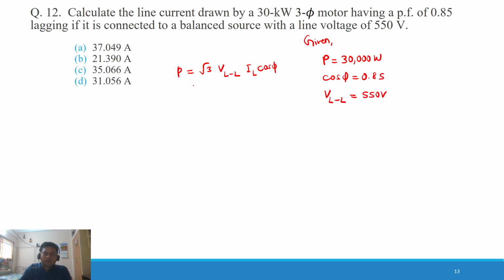So only one unknown is line current. So active power 30,000 equals root 3 times VLL 550 volt IL cos phi 0.85. Just putting all these, we will get the line current value as 37.049 ampere. So the correct option will be A.